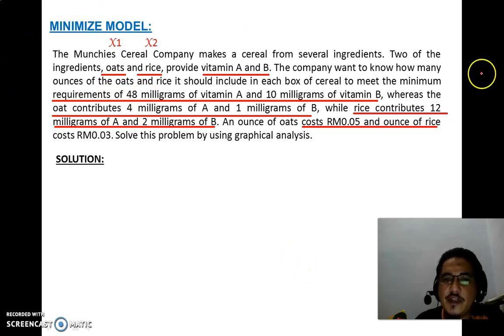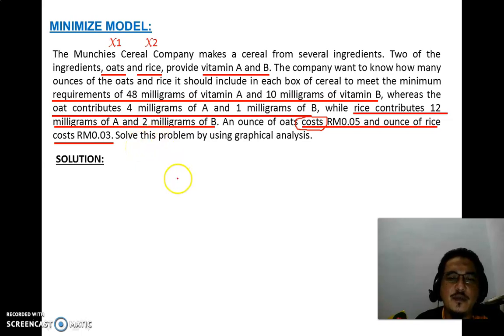In the previous video it was profit, that's why we used maximization. Here it is cost: 5 cents for oat and 3 cents for rice. Then we need to solve the problem.